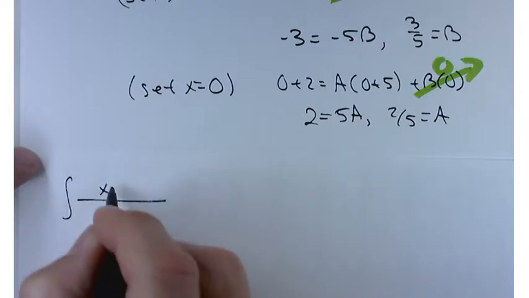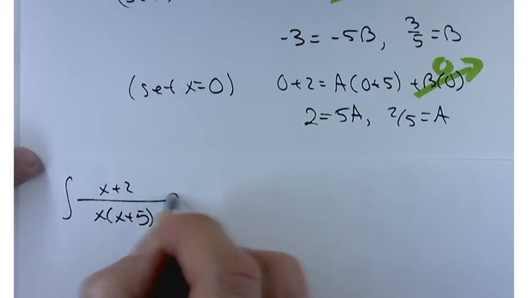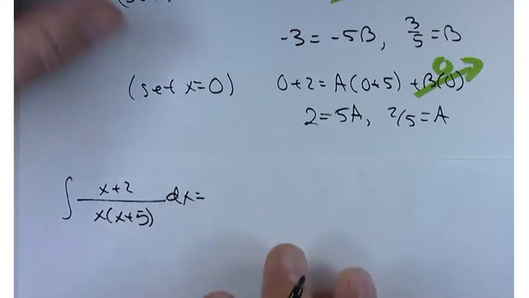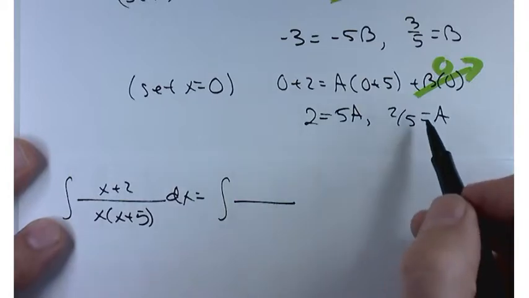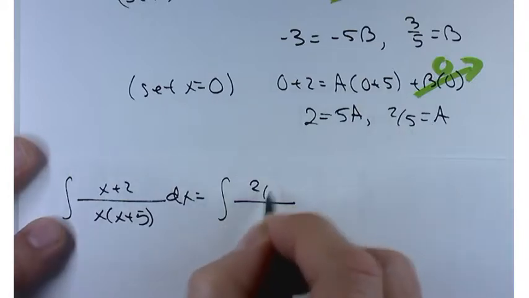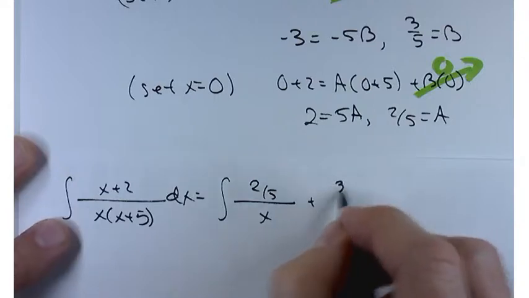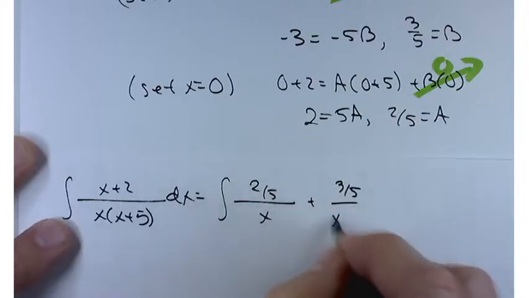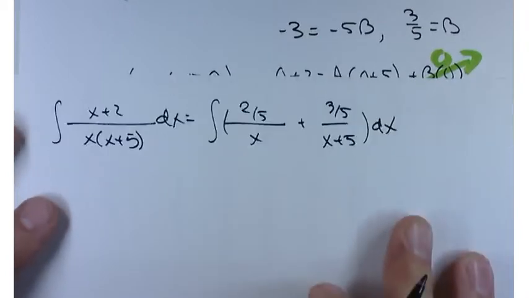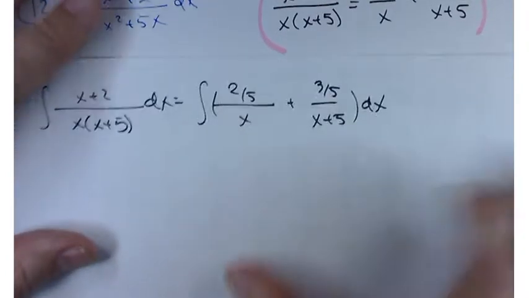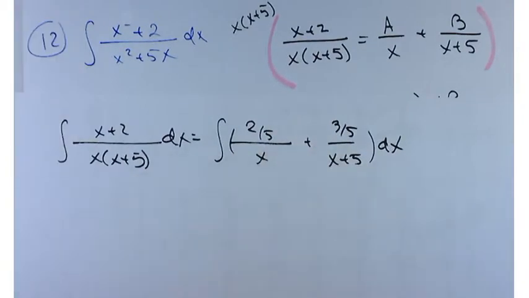So this integral, x plus 2 over x times x plus 5 dx, is going to decompose into the integral of 2/5 over x plus 3/5 over x plus 5 dx. And that's nice. This is going to work out pretty easily.